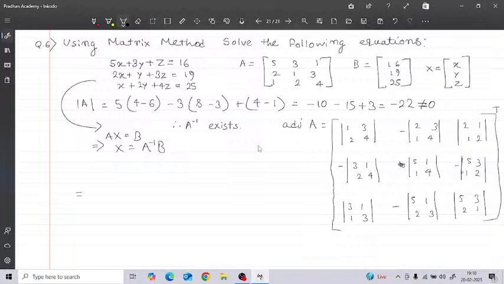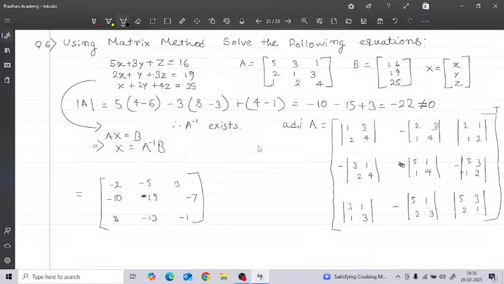Then my required matrix will be: 4 minus 6 is minus 2, 8 minus 3 is 5, that will be 2, 4 minus 1 is 3, minus 10, then 20 minus 1 is 19, it will be minus 7, 8, minus 13, minus 1.